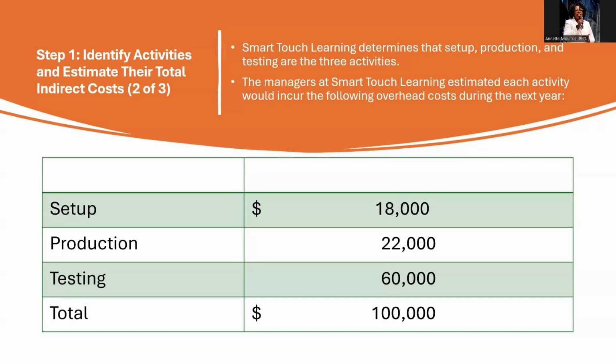So the first step in developing an activity-based costing or ABC system is to identify the activities that contribute to manufacturing overhead. This process involves analyzing all tasks required to produce a product or deliver a service.